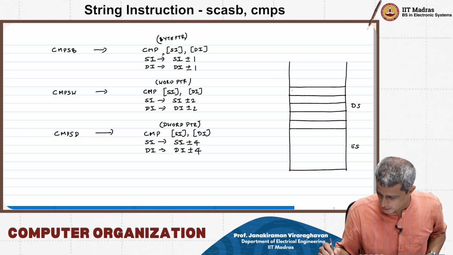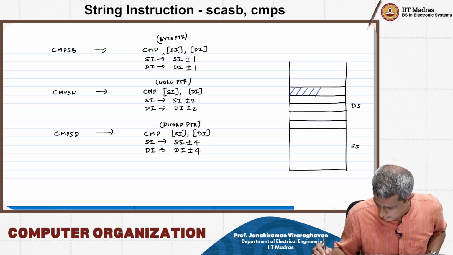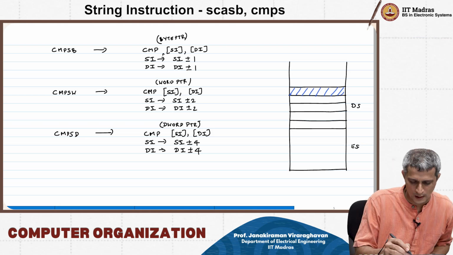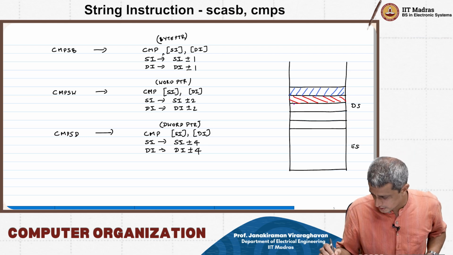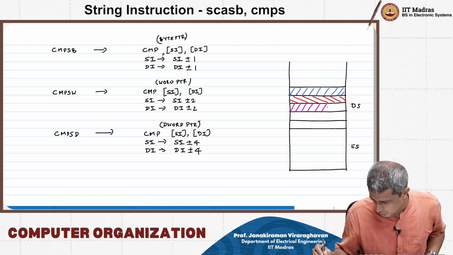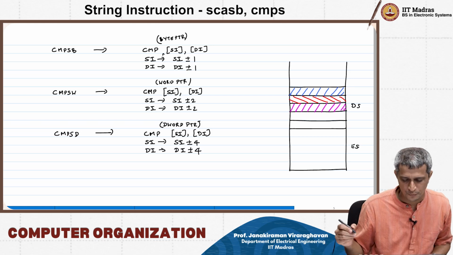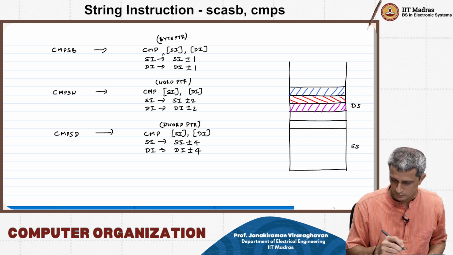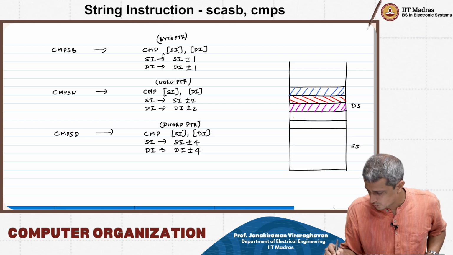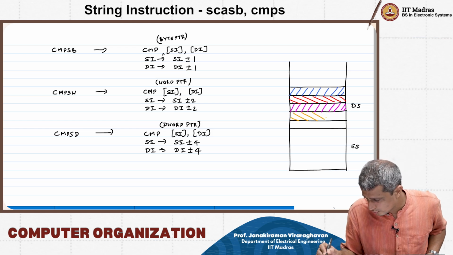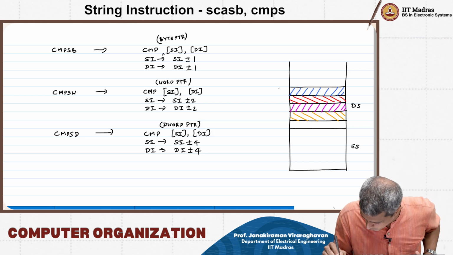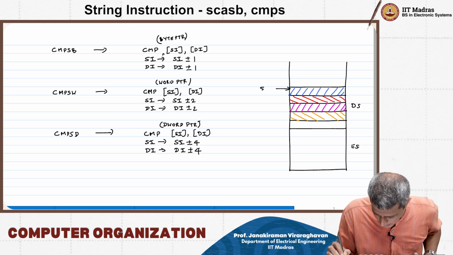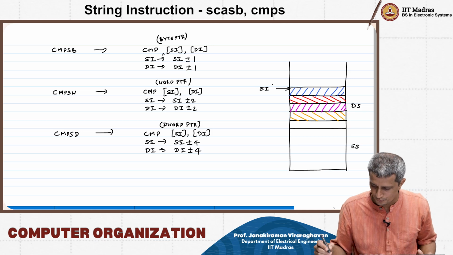This one is going to be some value in blue, right? This one is in red, this one is in magenta, right, and this one is in orange. Okay, so my source index is going to point here, SI.